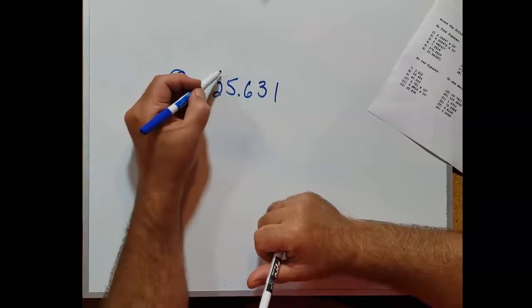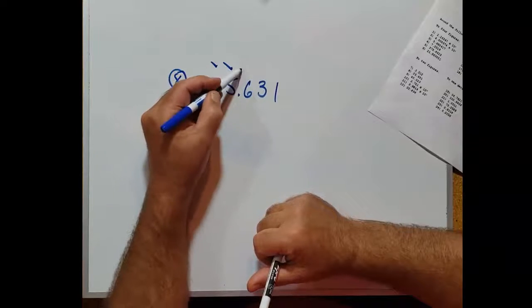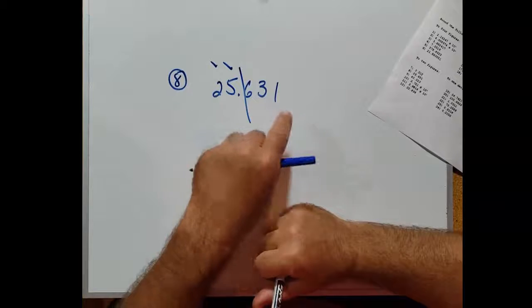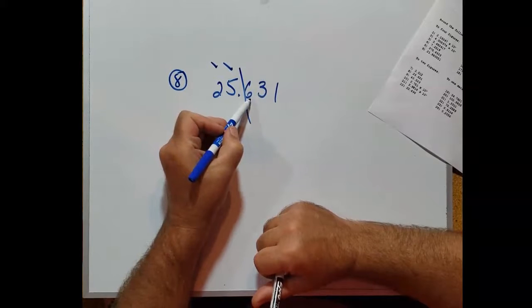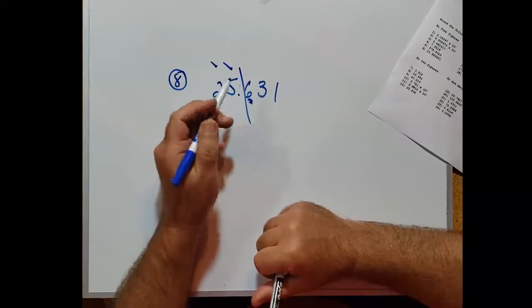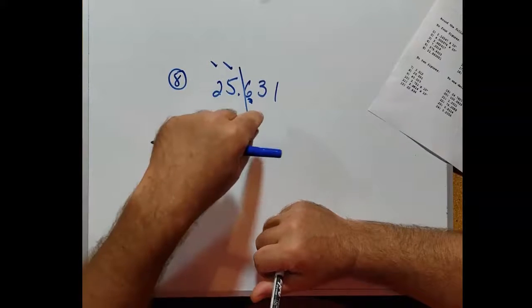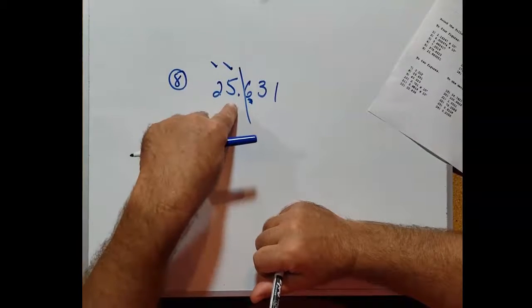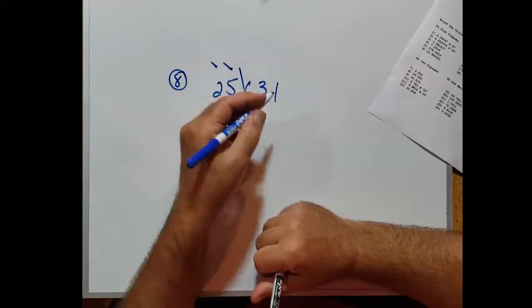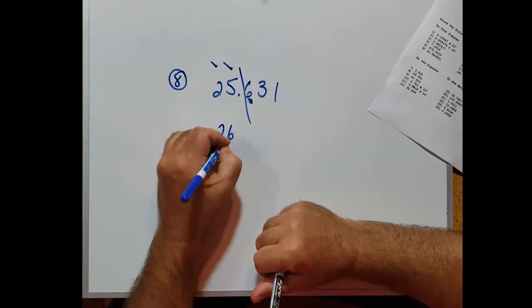Well, that means the first 2. So the 2 and the 5, and then we're going to cut off the 631. However, the first digit we're cutting, the 6, would follow the rule for rounding, which is if the digit here is a 6, 7, 8, or 9, we round the previous digit up. So 25.631 becomes 26.